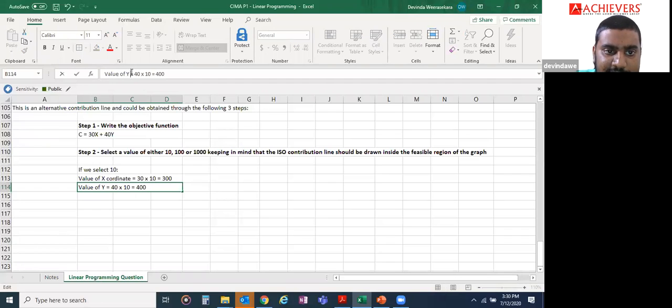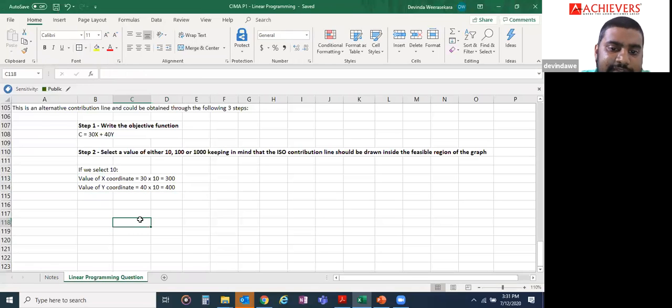The value of the Y coordinate will be 40 into 10, 400. Right? So this is how it comes.